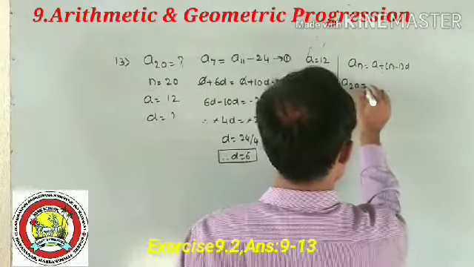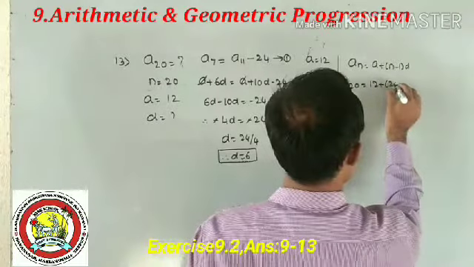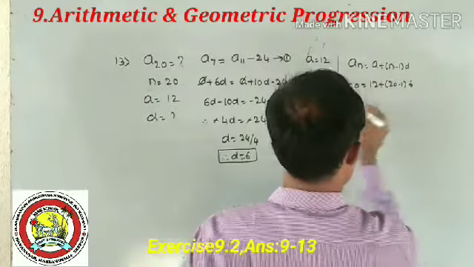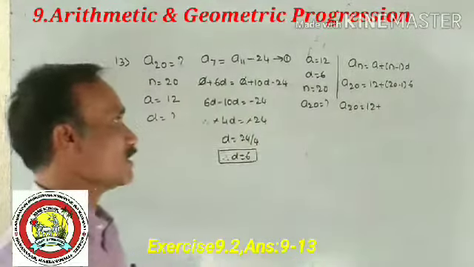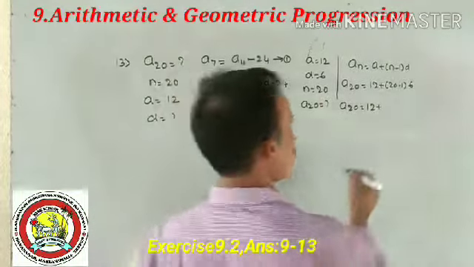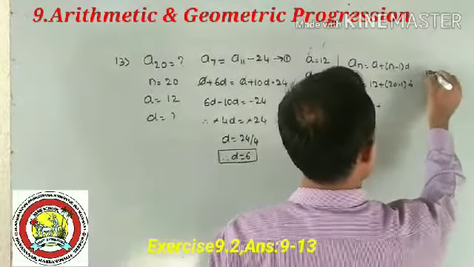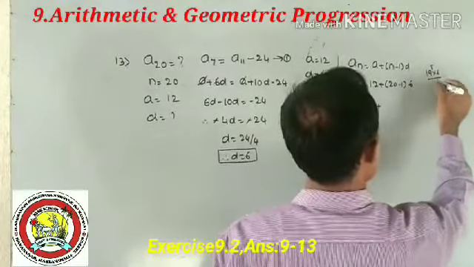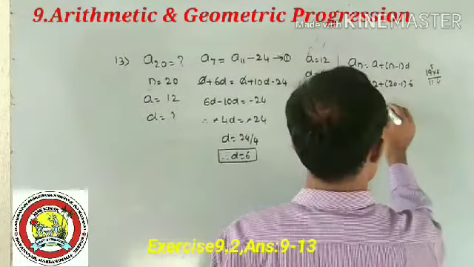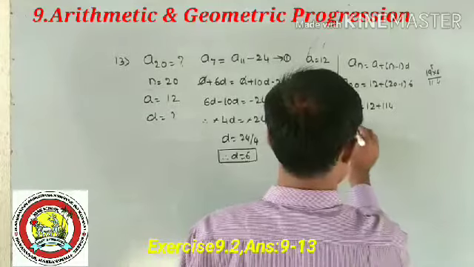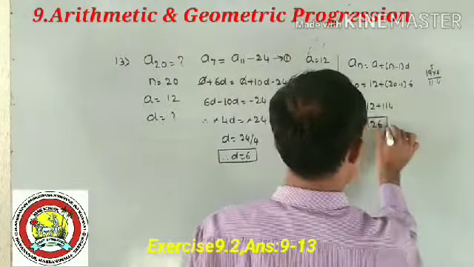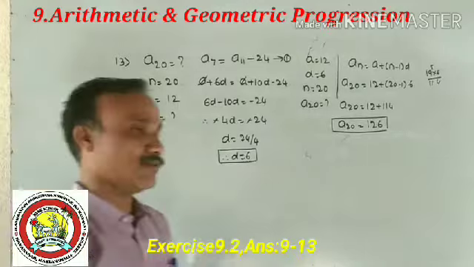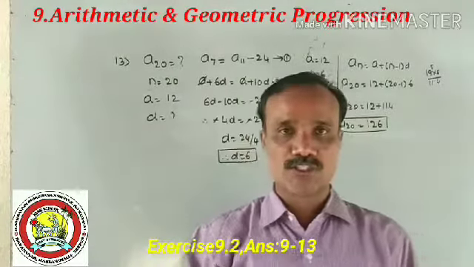So a20 is equal to 12 plus 20 minus 1, 19, into d value 6. 19 into 6. 6 9 is 54. 6 1 is 6 plus 5, 114. So a20 is equal to the sum of these two, 126. The 20th term is 126. Thus this is our question number 13. Okay. We shall discuss the remaining questions next period.